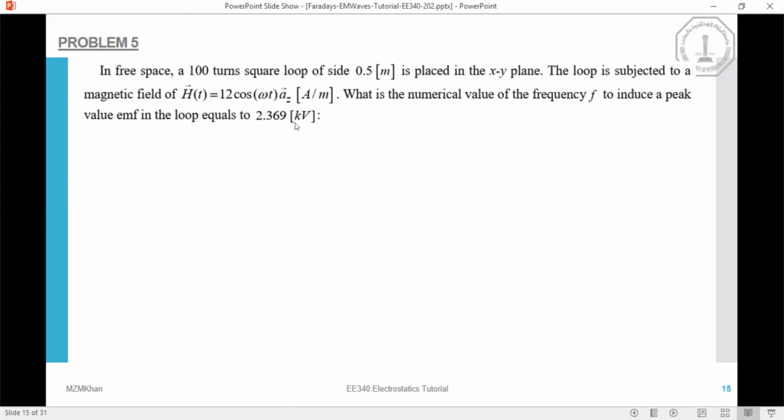So we need to find the frequency that will induce this peak EMF. In your lab, you are looking at the RMS value, if I'm not mistaken, but here we need to look at the peak value.